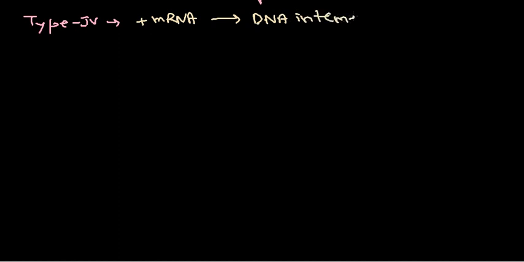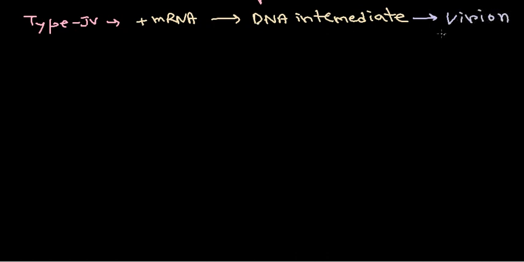So let me write it here. Type 4 viruses, though they have positive-stranded mRNA, replicate through a DNA intermediate, and then they provide us the viral particle or virion.